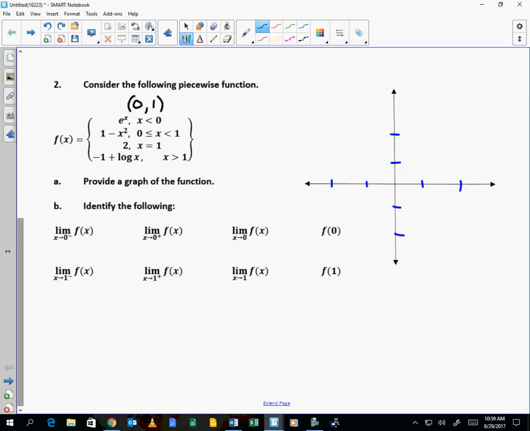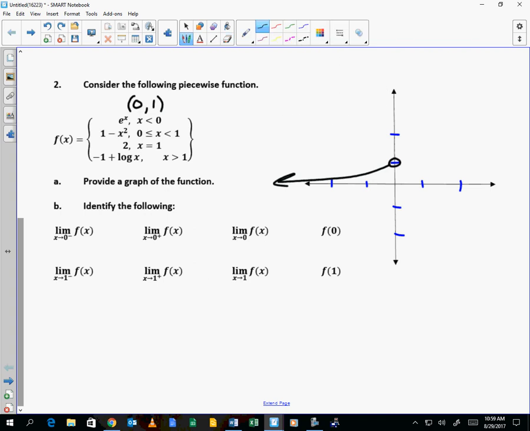Open or closed circle? Do you remember why anything to the 0 power is 1? I showed you this last year. x to the 5th divided by x to the 5th is x to the 0, and anything divided by itself is 1. Okay, there you go.